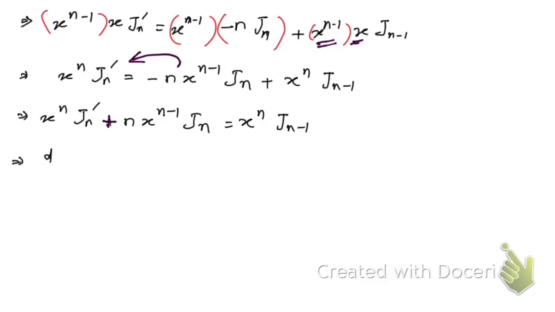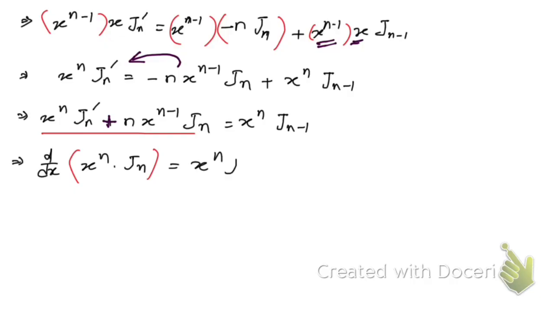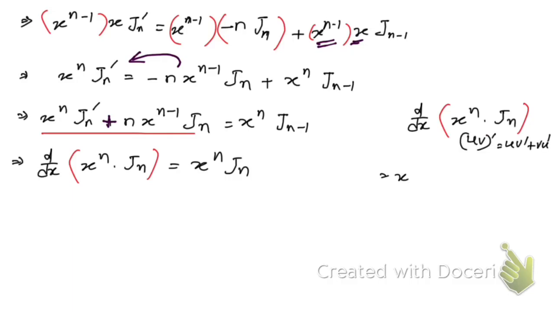Here on the left hand side, this is nothing but d/dx of x to the power n Jn. If you differentiate x to the power n Jn using the product rule, you will get this.